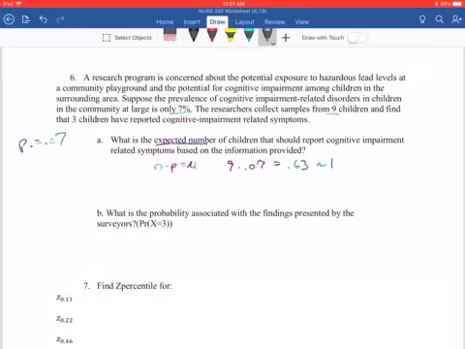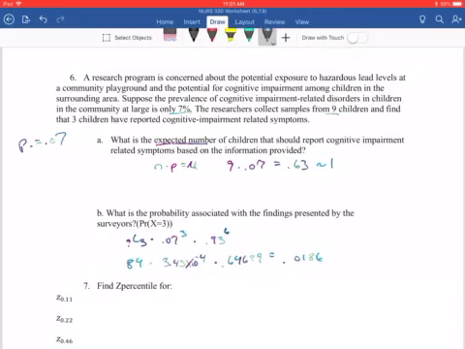So we put in our formula. 9 choose 3 times our probability p, which is 0.07 to the 3rd power, times q, which is 1 minus p, which is 0.93, to the n minus x power, which will be 6. 9 choose 3 is 84 times 3.43 times 10 to the negative 4th times 0.64699 equals 0.0186.